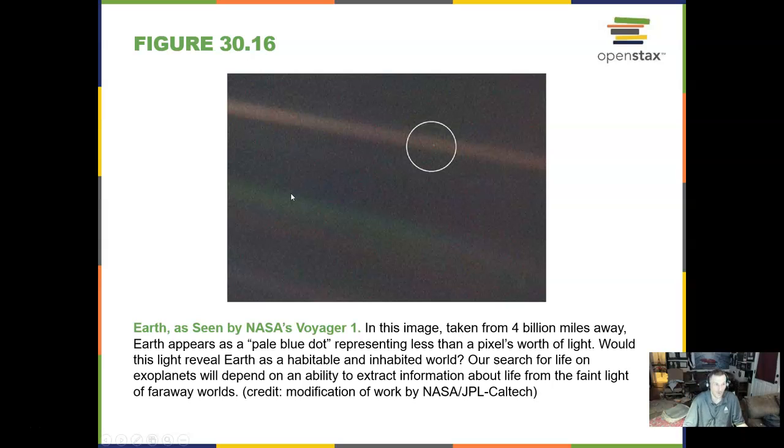We sent Voyager 1 out in the late 1970s, and Voyager 1 and Voyager 2 are still going strong. And one of them, Voyager 1, took a picture from 4 billion miles away with 1970s technology. And we see the Earth, or as Carl Sagan called it, our pale blue dot.